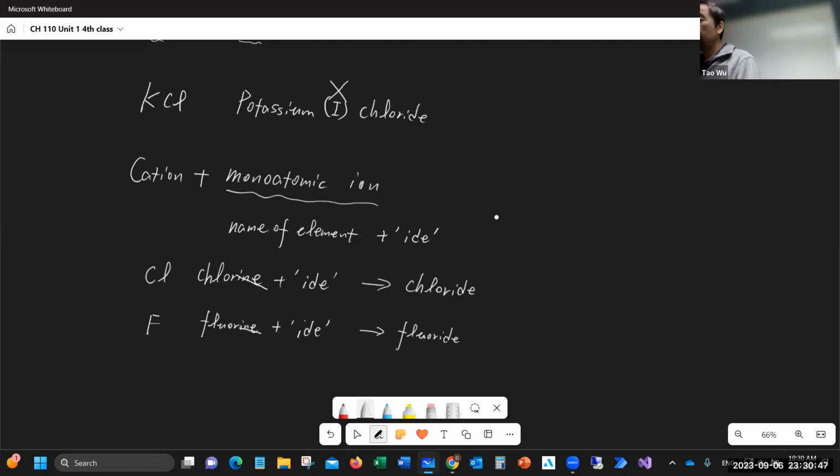And if you have oxygen, again you add IDE, get rid of the ending over here. This is called oxide. You have nitrogen. Add IDE, get rid of the ending. Then that gives you nitride.